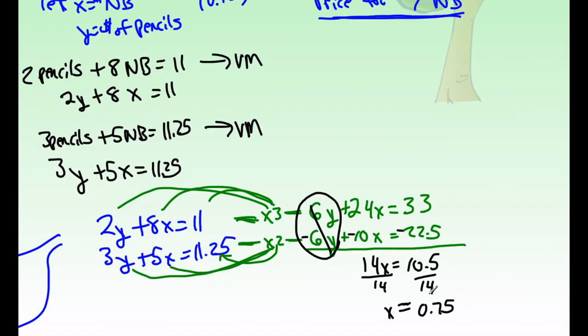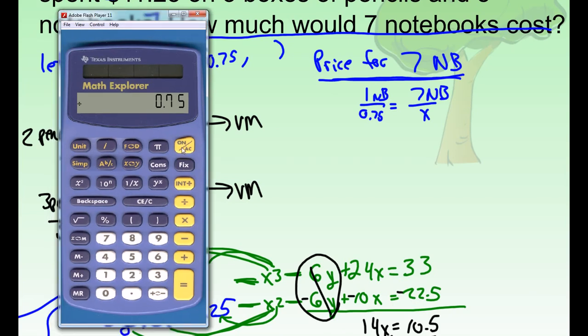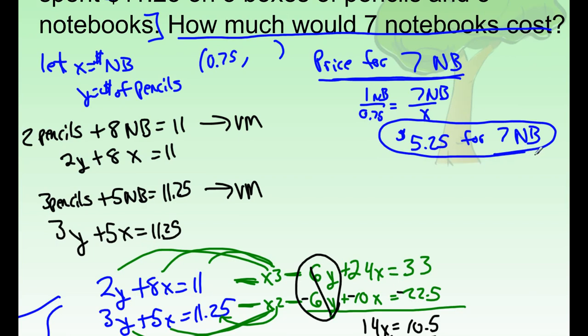Well, if one notebook costs 75 cents, one notebook is 0.75, well then 7 notebooks would be that much. And I'm thinking of that as a proportion. You could do it any way you want to do this. It's going to be the same math. We're going to take 0.75 times 7 equals $5.25 for 7 notebooks. That is the answer to the problem.